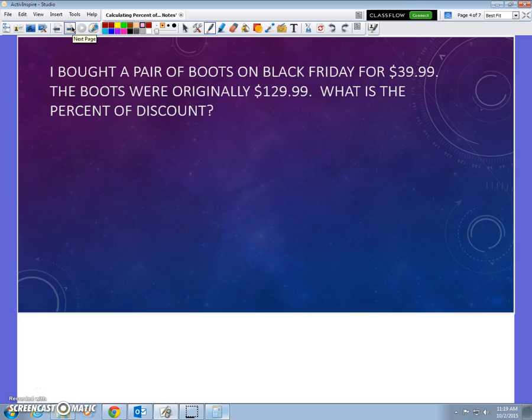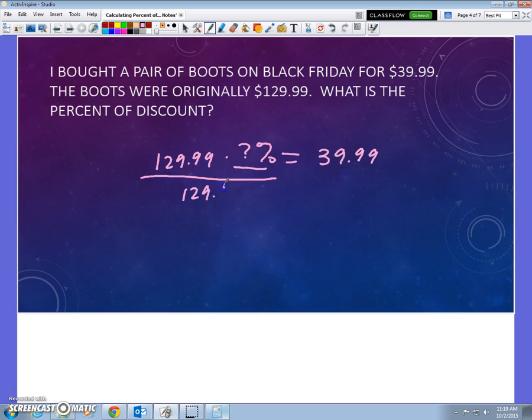It says I bought a pair of boots on Black Friday for $39.99. It says I paid $39.99 for them. That's how much I walked out the door with. They started at $129.99. We don't know what the percent is. So once again, we're working backwards, and we're using our brains here. We need to know what percent the discount was, not what percent $39.99 is of $129.99.